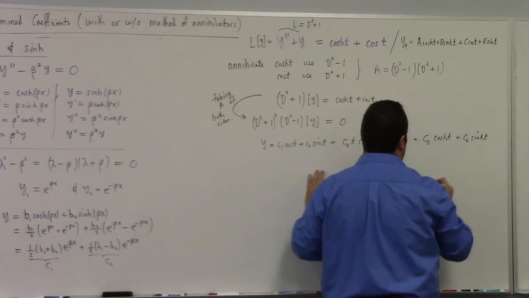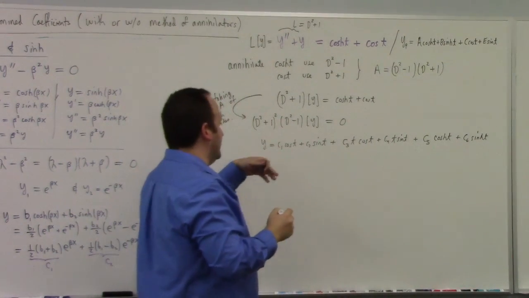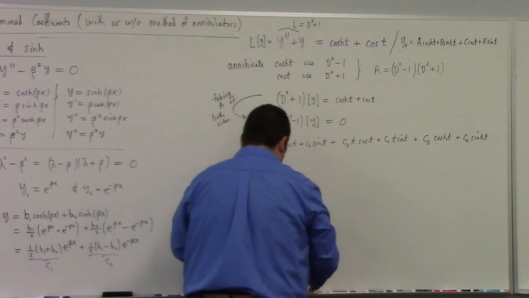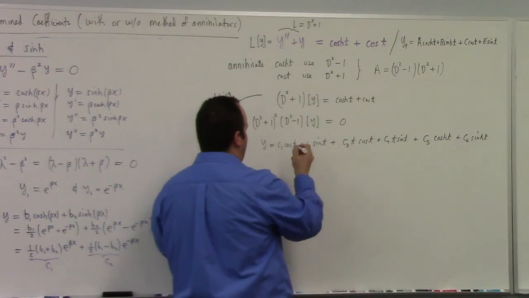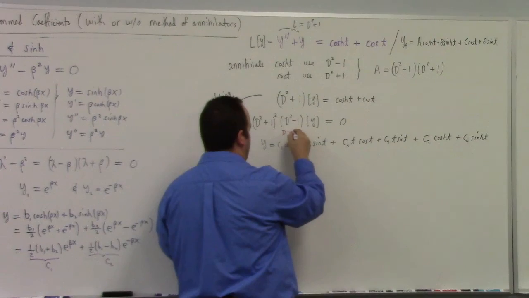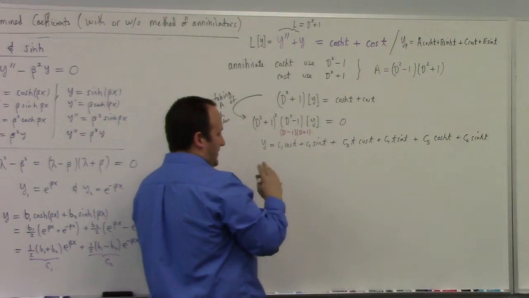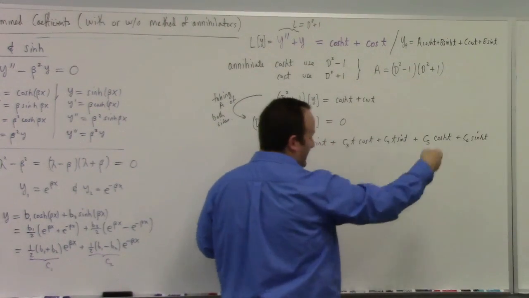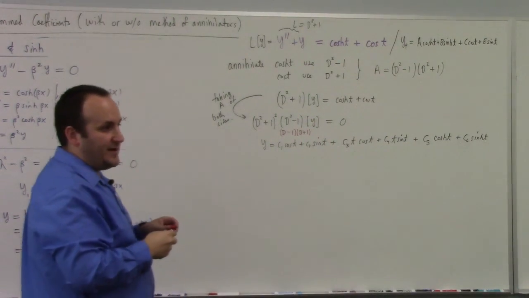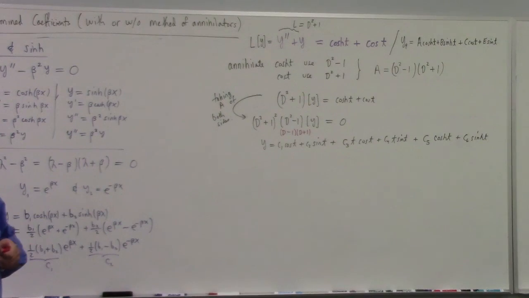You've got choices. You can convert everything to exponentials if you're so inclined. This could be D minus 1, D plus 1, and that will give you an e to the t and e to the minus t. But I just think it's way easier to operate in coshes and sinhs for this problem.